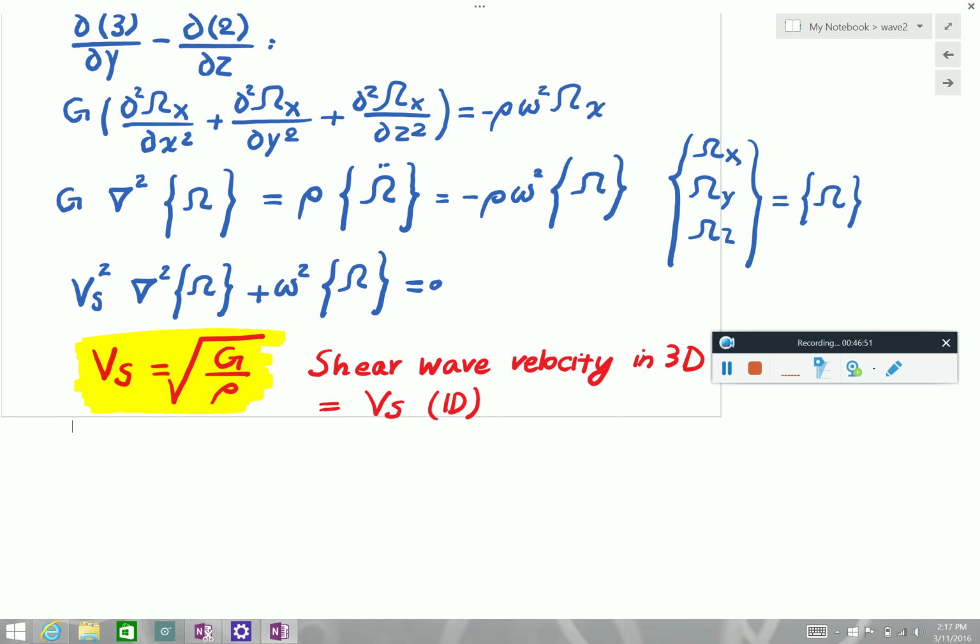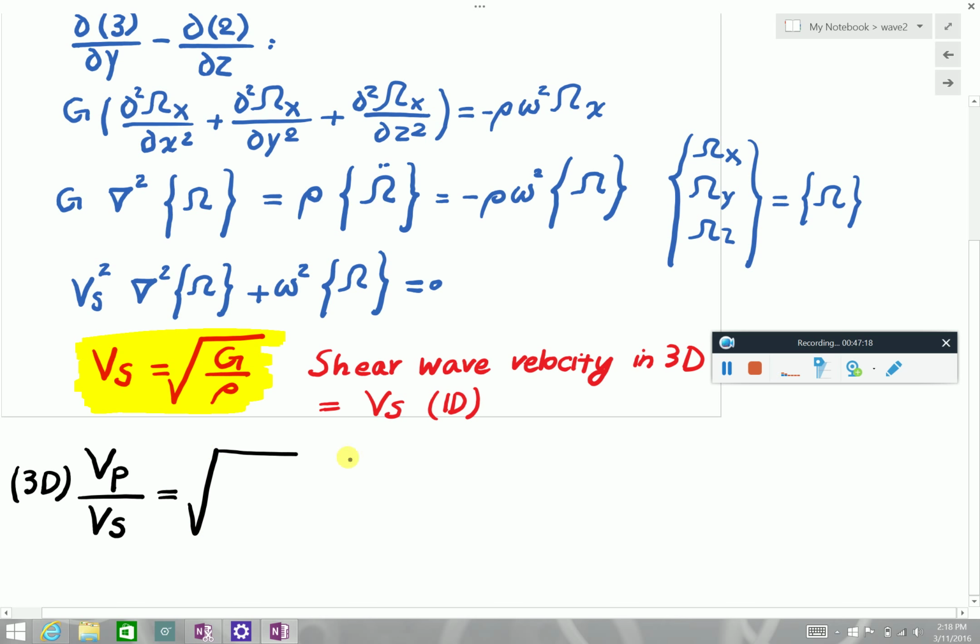So the last thing to say before taking a little break is to look at the ratio of the P wave to S wave. This ratio in 3D, as we saw, has M over rho and G over rho, and M is lambda plus 2G.